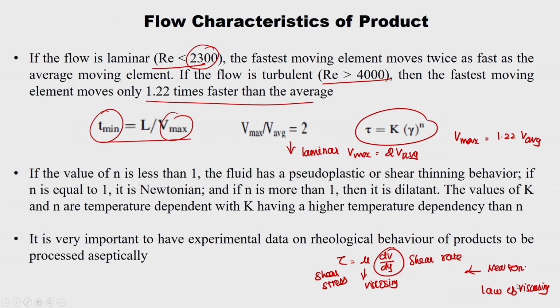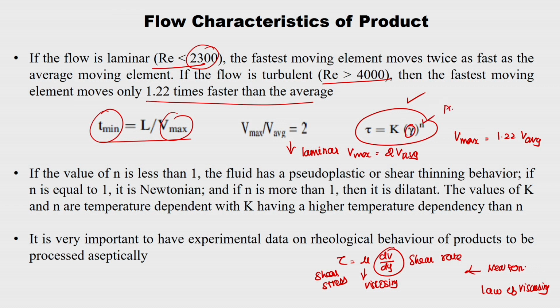Right, the fluids which follow this particular law, where shear stress is proportional to shear rate, are called Newtonian fluids, but most of the food products are non-Newtonian fluids. So, they follow this formula: tau equal to k gamma, where gamma is the shear rate, to the power n.